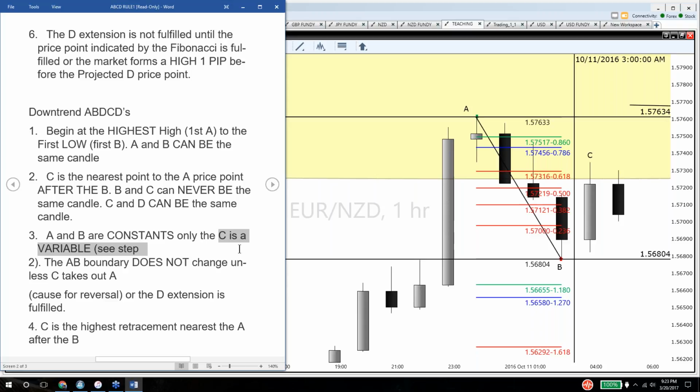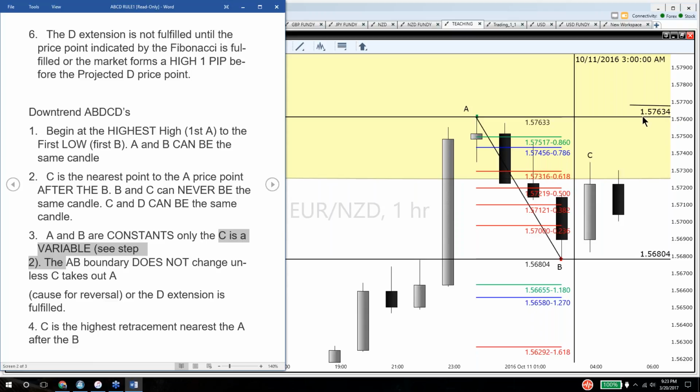The C, however, is a variable. And the reason why the C is a variable is because C must always be the nearest point to the A after the B. So this is where my C is right now. If the market decides to come up closer to the A, my C must change.